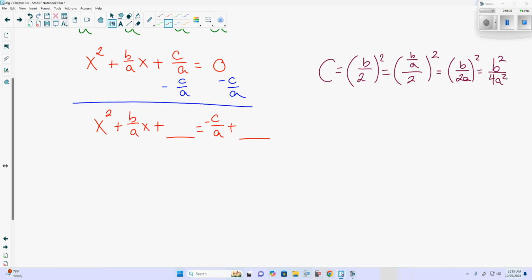And b over 2a squared, if we multiply it by itself, b squared is going to become, well, b squared. Our 2a times 2a is going to become 4a squared. So what that tells us is that we're going to plug b squared over 4a squared into both sides.